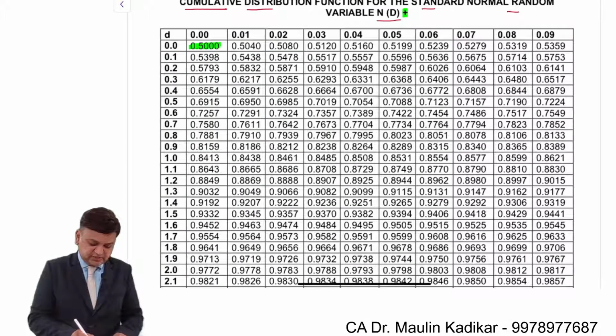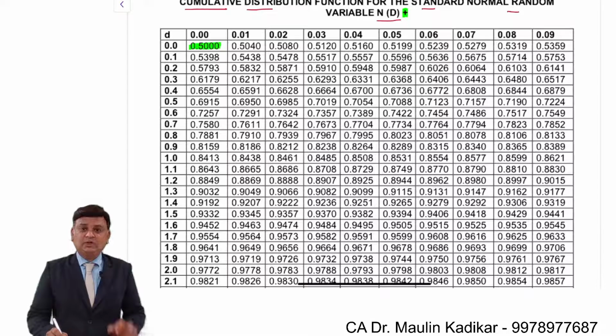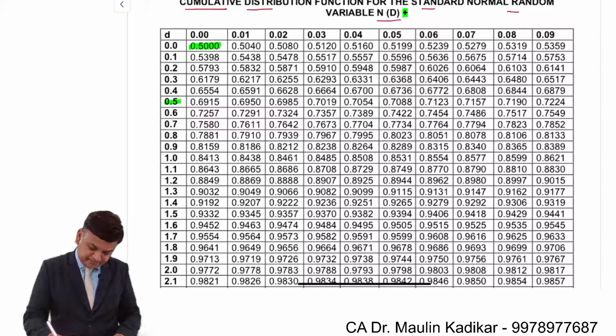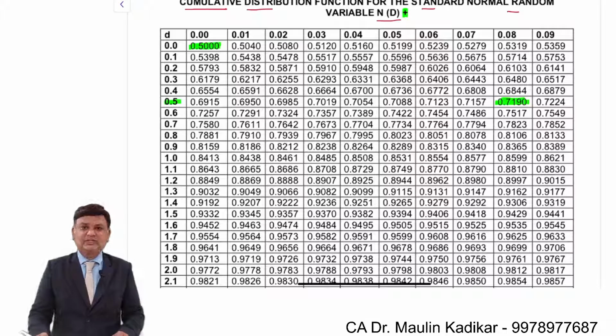So in that case, for 0.5820, you have to understand that we will be able to get the value directly over here. So for 0.58, it is 0.7190. Of course you understand that now the remaining is the interpolation that you have to do. So 0.7196 is the final answer that you will be able to get.